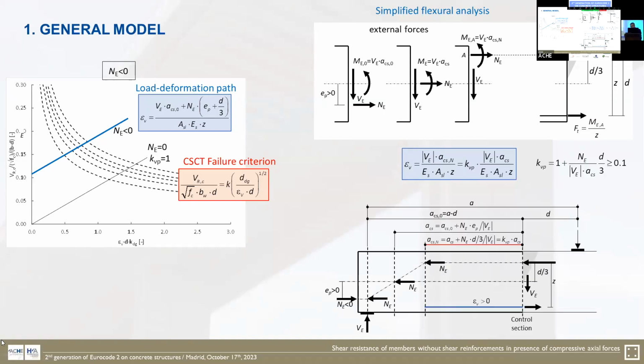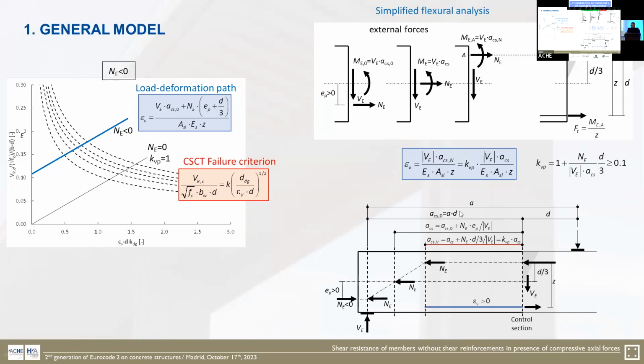To obtain an easy to use formulation of the shear resistance, the reinforcement strain is expressed as proportional to the applied shear force multiplied by the effective shear span accounting for the axial force. This is the length of the effective shear span where the reinforcement is in tension.